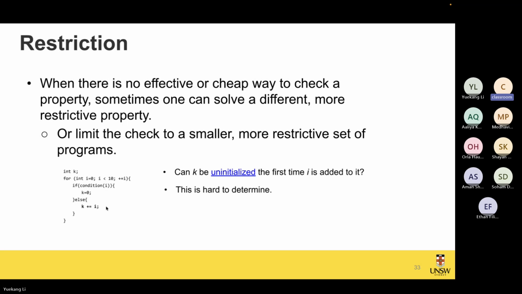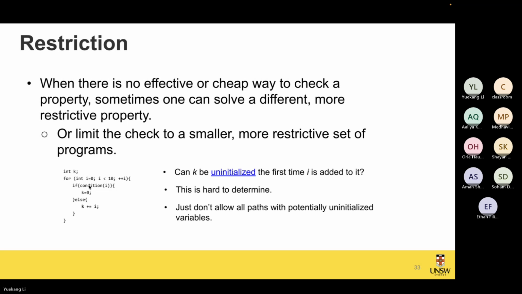So what we do is we don't need to care. The end goal is to have dependable software, so we don't need to care whether this may happen or not. We just don't allow it to happen at all. The simpler, more restrictive property we want here is that we just don't allow all the paths that can potentially have uninitialized variables.